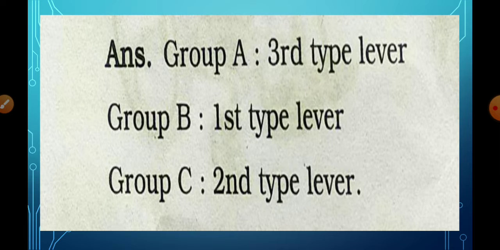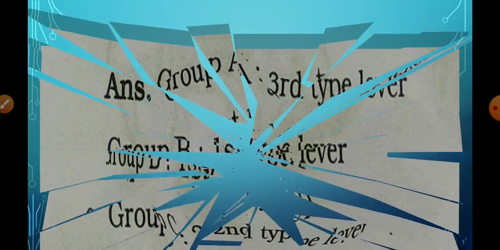In the second type lever, the load is in the center, fulcrum on one side, effort on the other side. Understood? If you have doubt, take the textbook and see. Otherwise, note the doubt in the notebook and ask me in the doubt clearing session or online lecture session. Understood? We'll move on to the next question now.